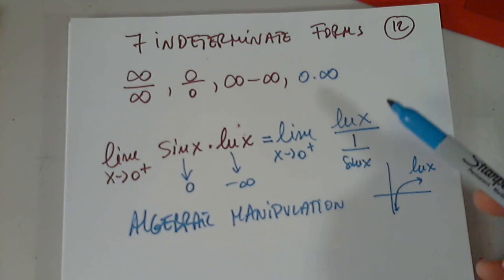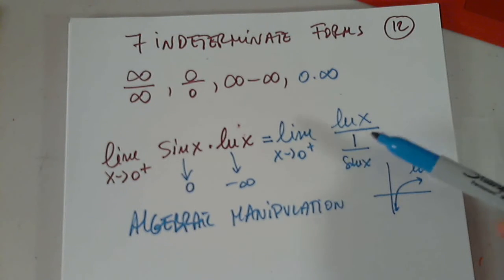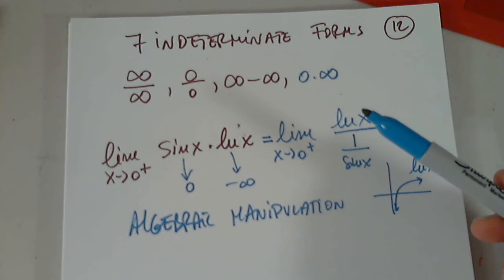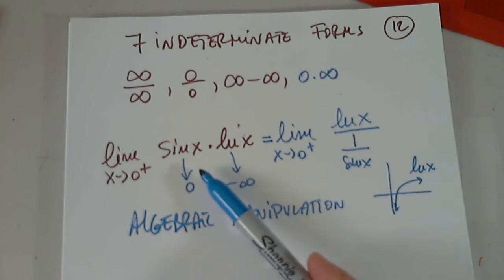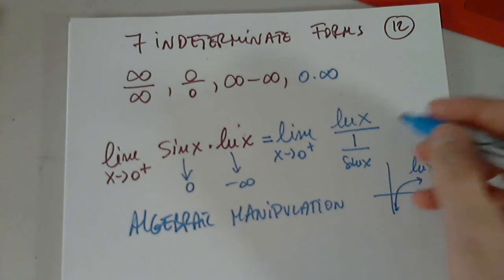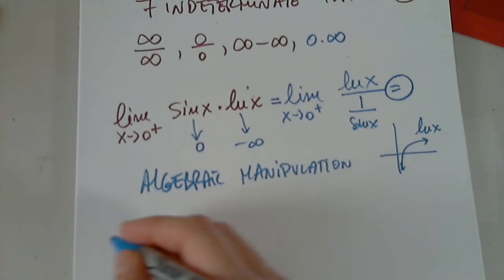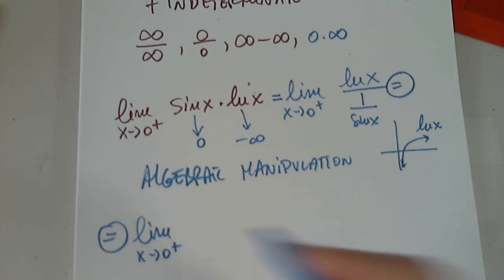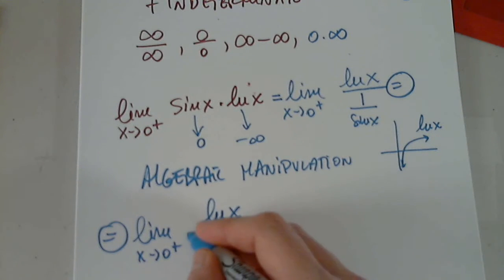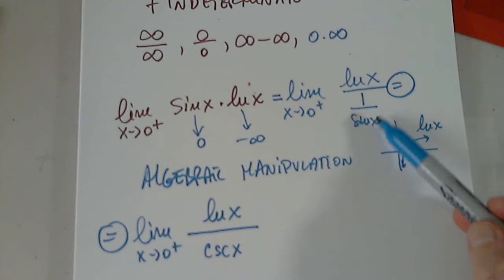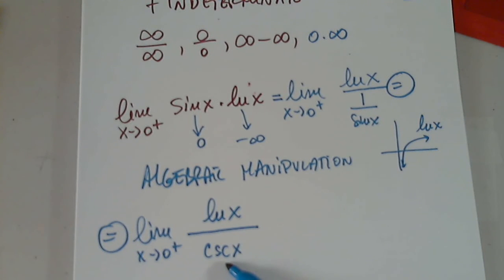So remember, these are 2 fractions, natural log x over 1 times 1 over sine x, and I have to flip 1 over sine x. Right? And I get the same thing. But I do know that 1 over sine x is basically cosecant. So I will continue here. So this is limit as x approaches 0 from the right of natural log x over cosecant x. 1 over sine x is the same as cosecant x.